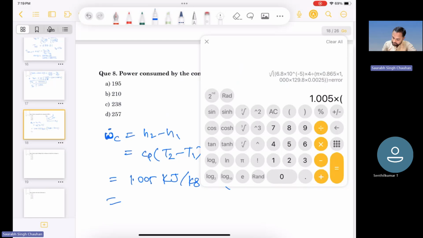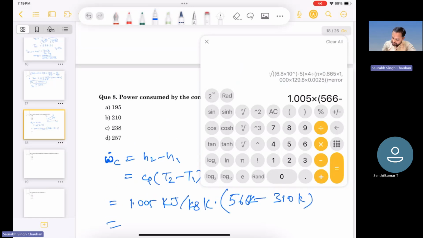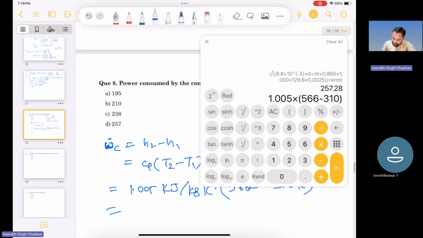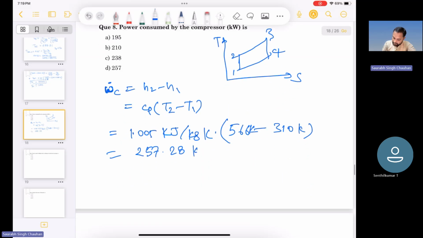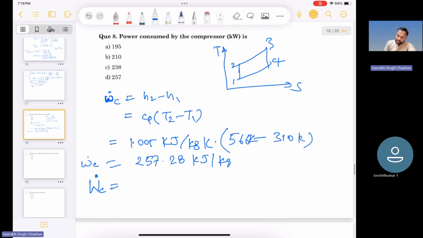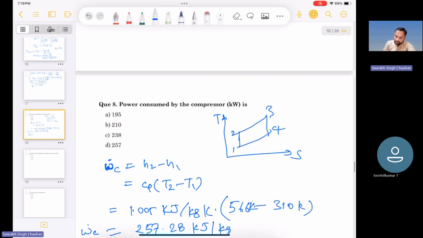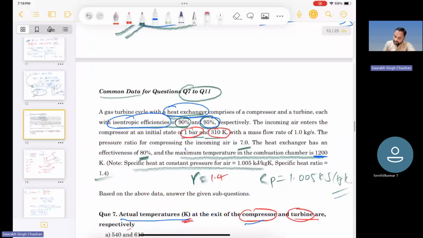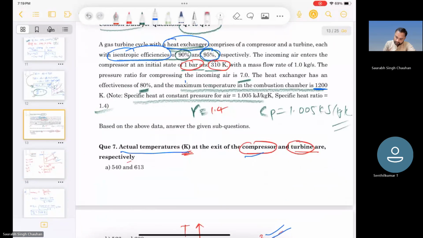1.005 times 566 minus 310. So it is 257.28 kilojoule per kg. This is specific work input to the compressor. And what will be the power input to the compressor? We just need to multiply by the mass flow rate of the air times specific work input. The mass flow rate of air is given as 1 kilogram per second.